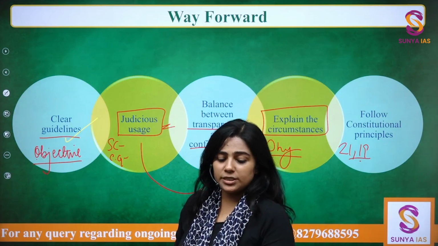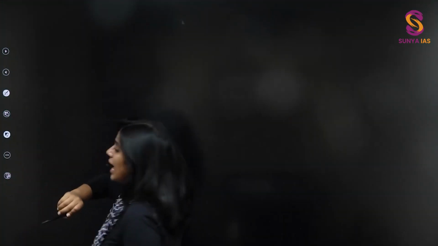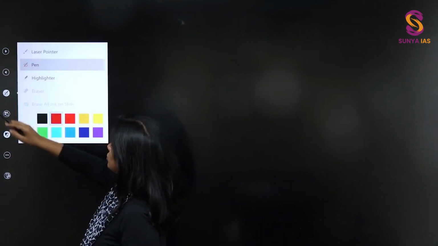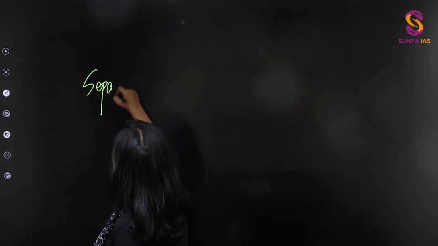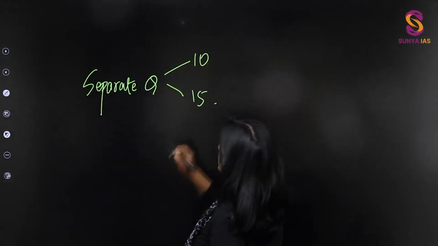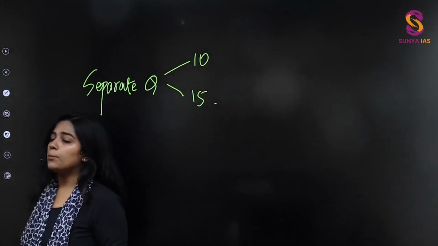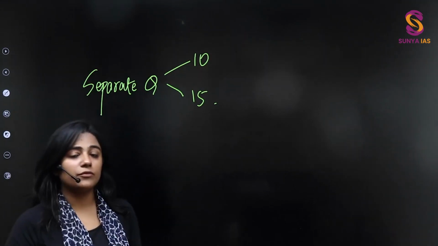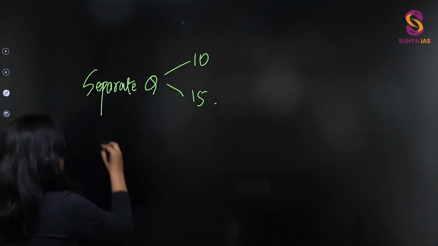So let me repeat, this particular topic can come as a separate question also. This is one of those topics which can come as a separate question in a 10 marker or in a 15 marker. Where all it can be used, I have already told you in the beginning of this class itself.